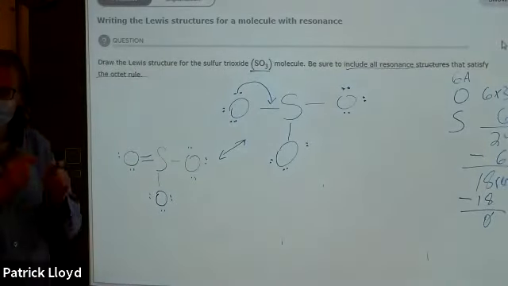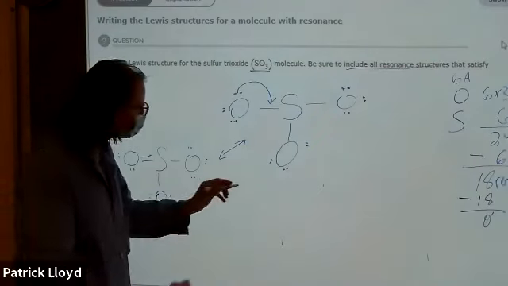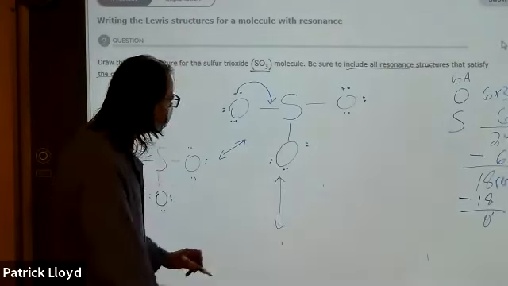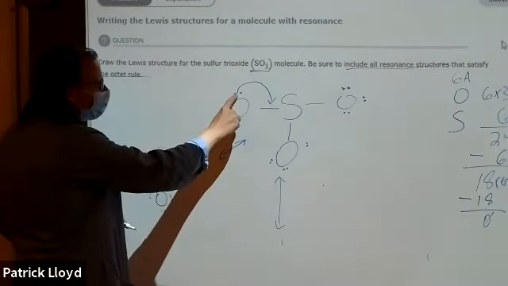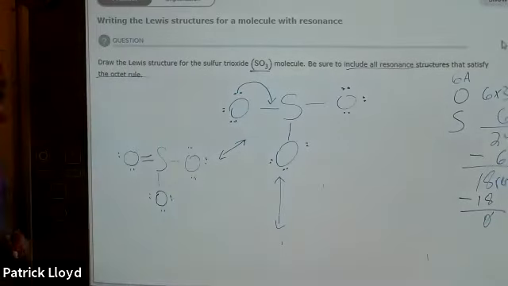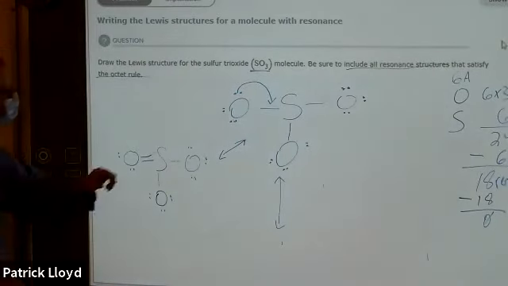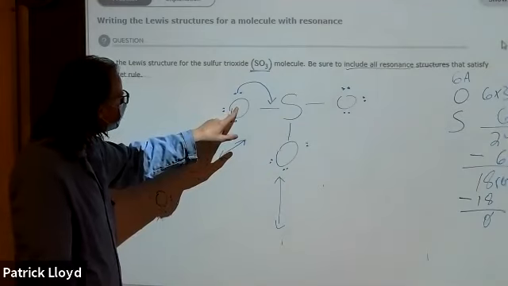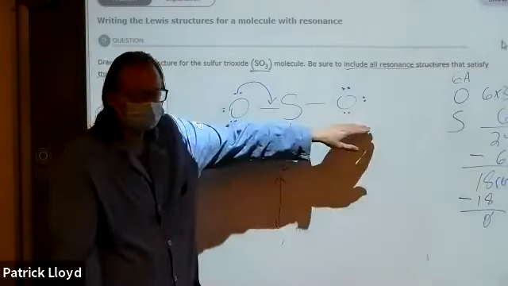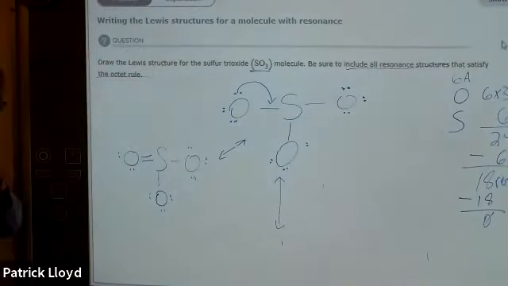Resonance, from a practical perspective, means what you do is you ask yourself, could I have taken a pair of electrons from a different surrounding atom? Instead of this oxygen on the left, would it work if I had used a pair from the other two oxygens? And so let's think about that.